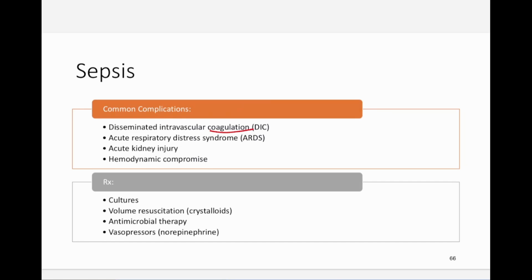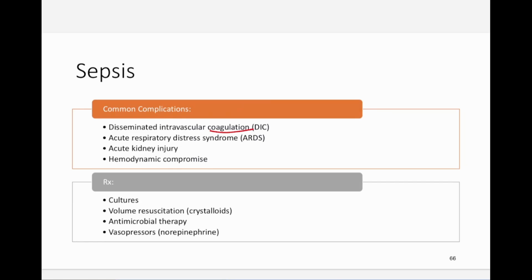ARDS, basically they need to be intubated now because they can't support their own breathing anymore. So they need to be intubated for airway support. Acute kidney injury, we talked about that. Kidneys are very susceptible to ischemia, and you'll see your creatinine start to rise, then BUN, all that stuff start going up. Hemodynamic compromise, that is your vasodilation causing hypoperfusion. Can't perfuse the tissue anymore, and you get problems.